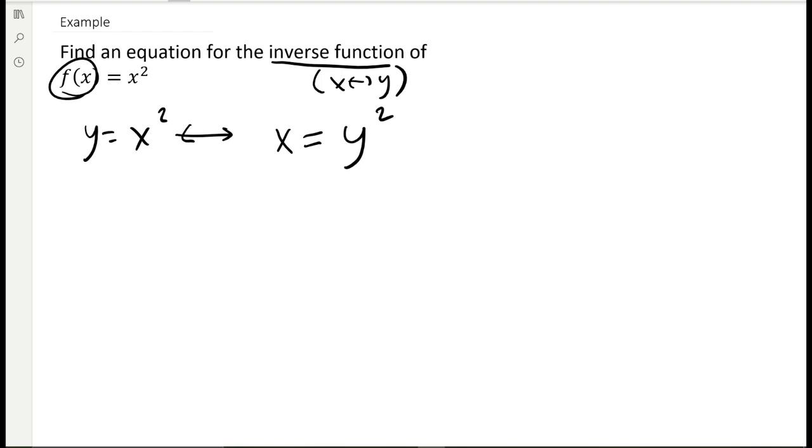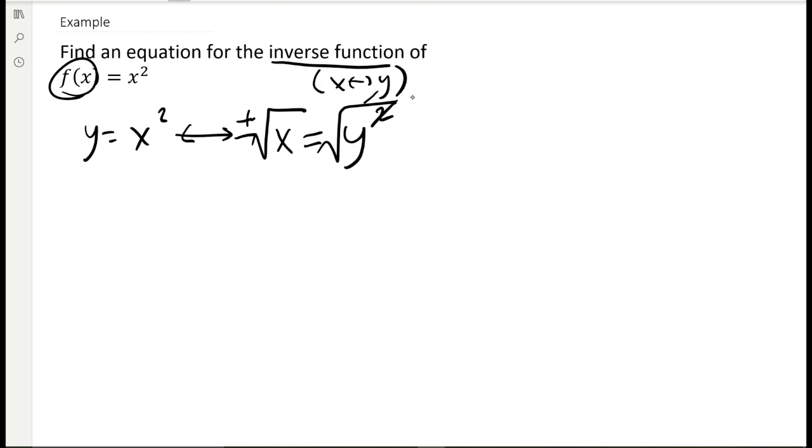So if we solve for y, we've got to get rid of the square, so we have to take the square root, just like that. But remember that if we take the square root of both sides, we have to include the plus or minus sign on one of the sides, okay? So there you go, we included it here.